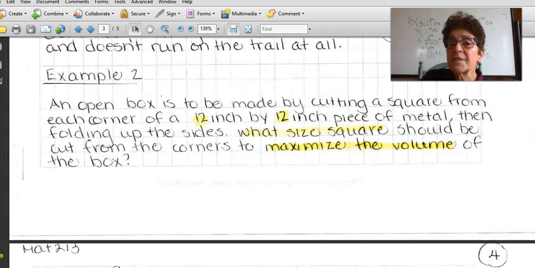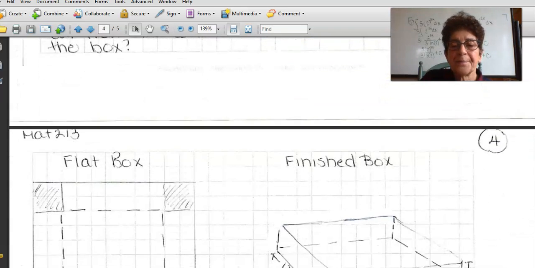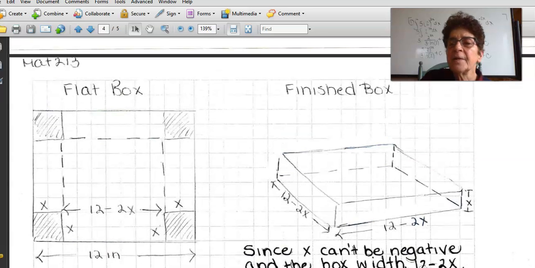Well, this is another situation where a diagram helps. Okay, so here is our piece of metal. These shaded squares in the corner are the unknown x by x squares. This is what we're trying to find out, what is x? So how much should I cut out of each corner so I can fold the box up?